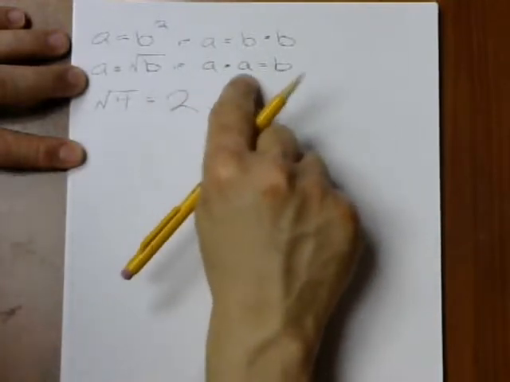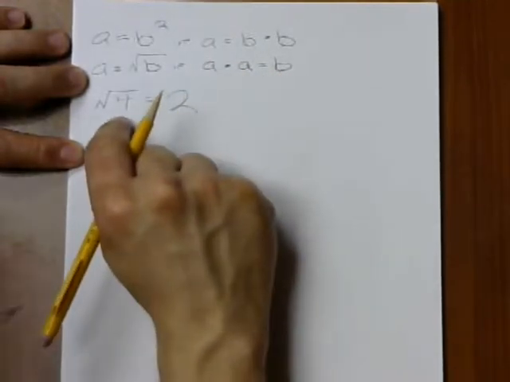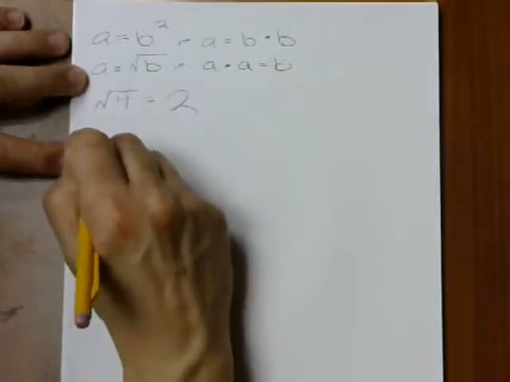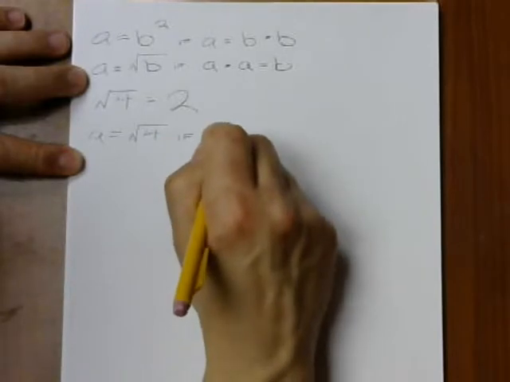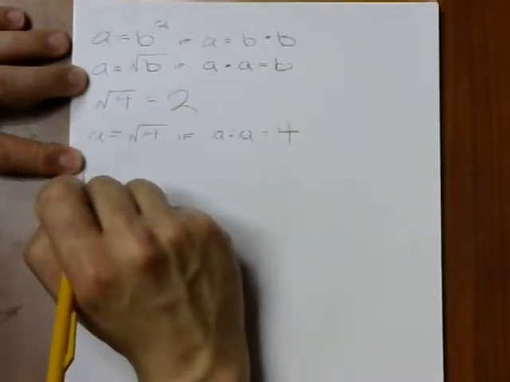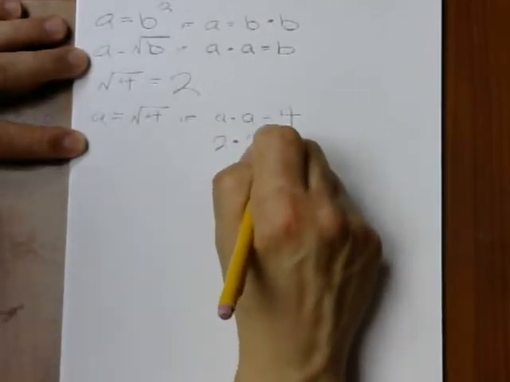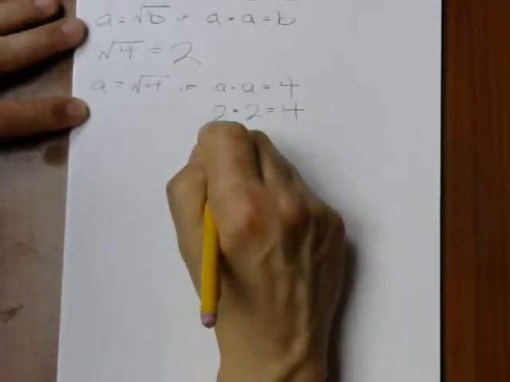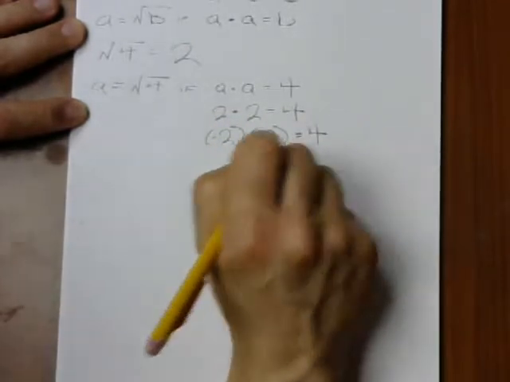However, going just from this definition, there are actually two numbers that are going to work. You see, we know that a is equal to the square root of 4 if a times a equals 4. And if a is 2, well, we do have 2 times 2 equals 4, but we also have negative 2 times negative 2 equals 4.